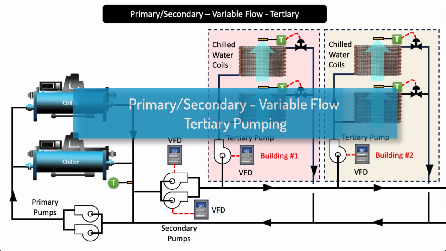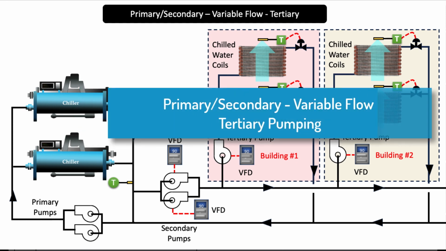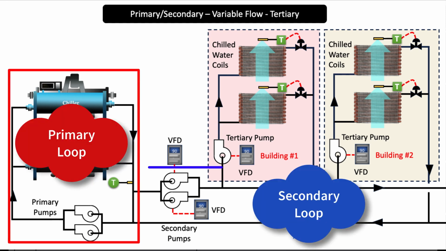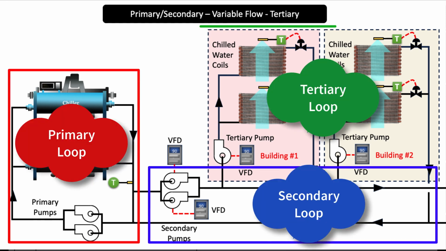Primary-secondary variable flow with tertiary pumping. In a primary-secondary variable flow chilled water system with tertiary pumping, the operation involves three separate loops: a primary loop, a secondary loop, and a tertiary loop.